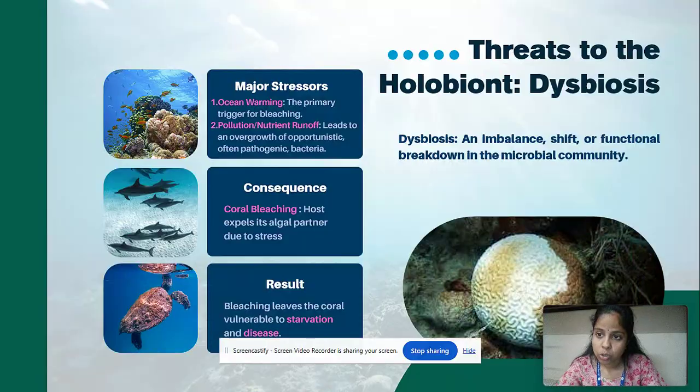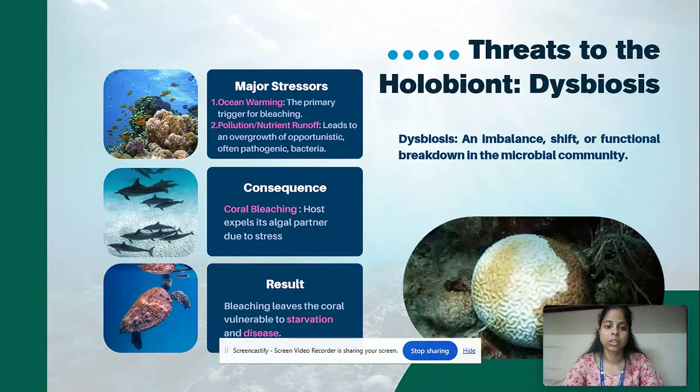So, threats to the holobiont, that is dysbiosis. Dysbiosis is nothing but an imbalance or shift or functional breakdown of the microbial community. This can be triggered by major stressors like ocean warming, pollution or nutrient runoff. This will lead to the overgrowth of opportunistic or pathogenic bacteria.